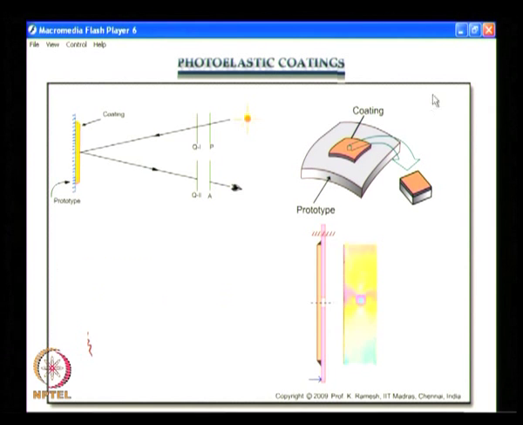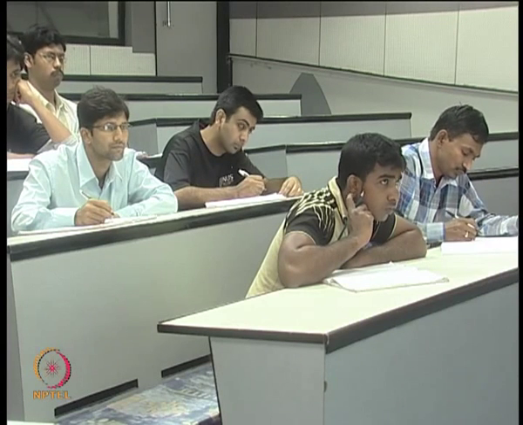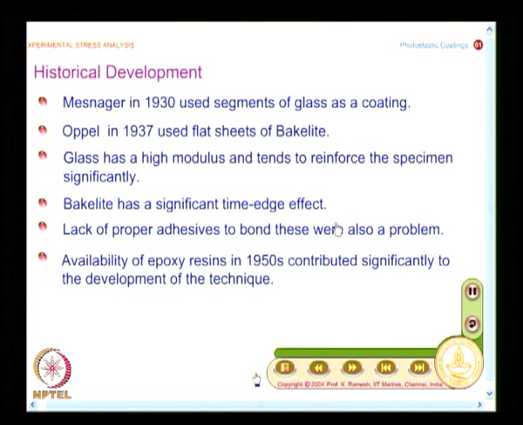If you look at any of the techniques, we need to look at the history behind it, the historical development. Messner in 1930 used segments of glass as a coating.